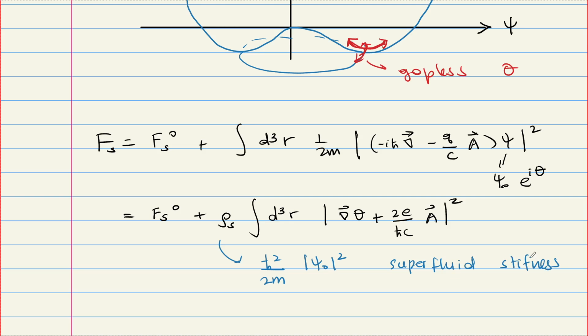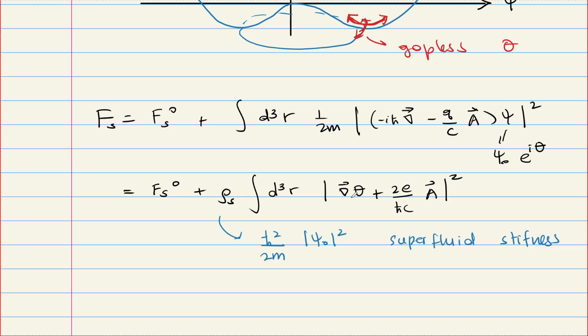And you can see this gapless mode theta is coupling to the electromagnetic field, right? You created a gapless mode, and this Higgs mode dropped out. This is a high energy mode, whereas this low energy mode is coupling to A. And of course there's also a 1 over 8 pi d cubed r B squared term, and this B squared term is the gradient of A. There's gradient of A plus some A squared, right?